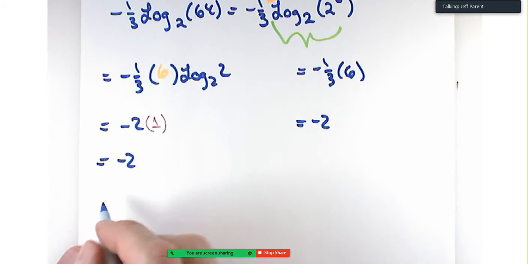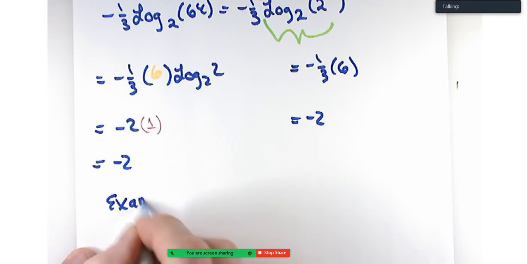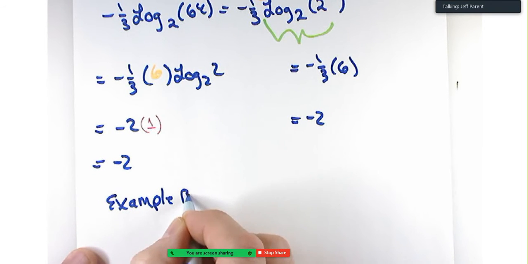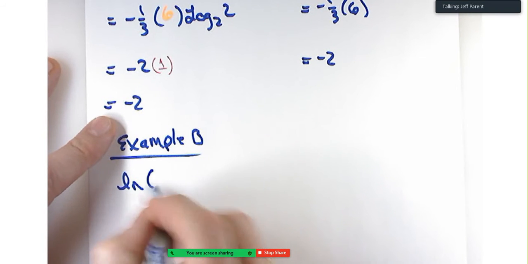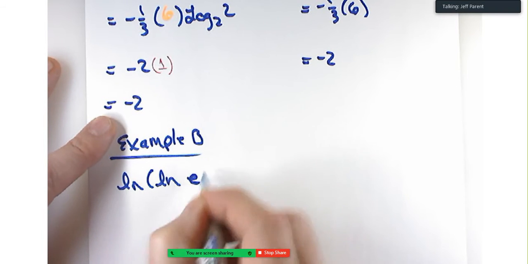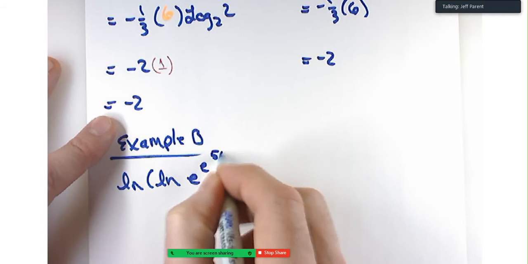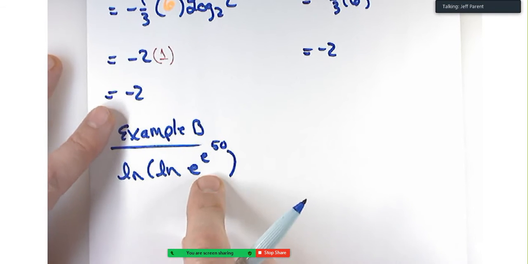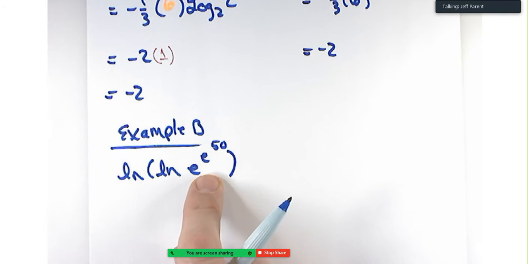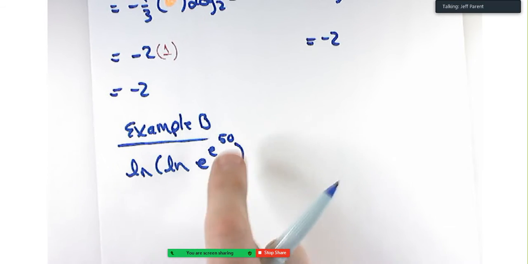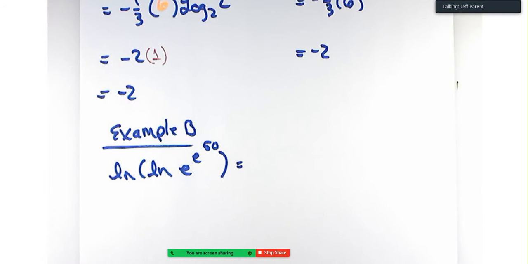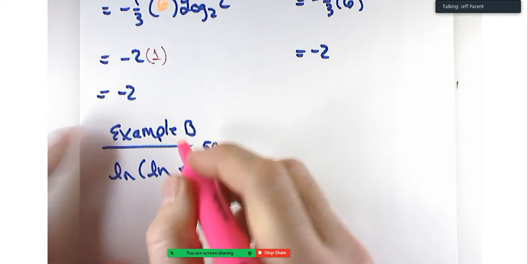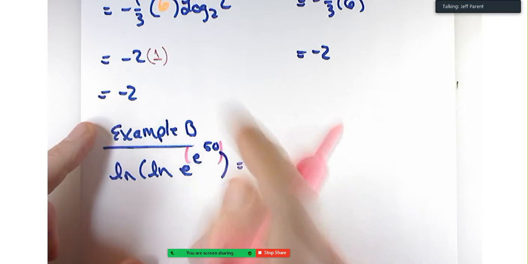All right, so let's try another one. And this one comes directly from your WebAssign homework. Something like this: ln of the ln of e to the 50. Now, if you try to do this directly on your calculator, it probably wouldn't work because this would be too big of a number for your calculator to handle. So what I'm going to do instead is apply the power rule like I did up here.